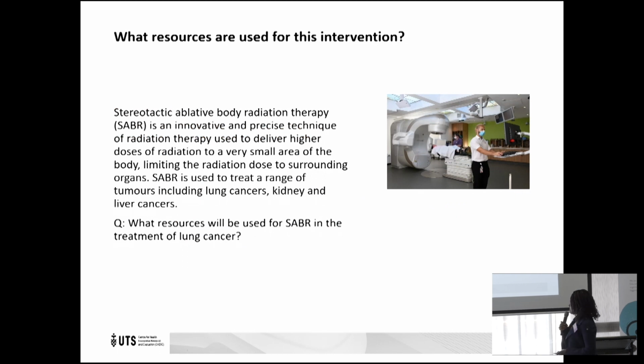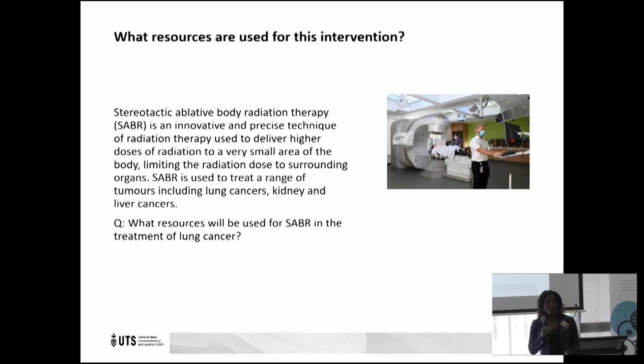Okay, so I'm going to take us through a very quick exercise here to set up the platform for us to talk about the practical issues. As we see here, stereotactic ablative body radiation therapy. It's a type of radiation therapy that is used in cancer treatment, and it's quite innovative.